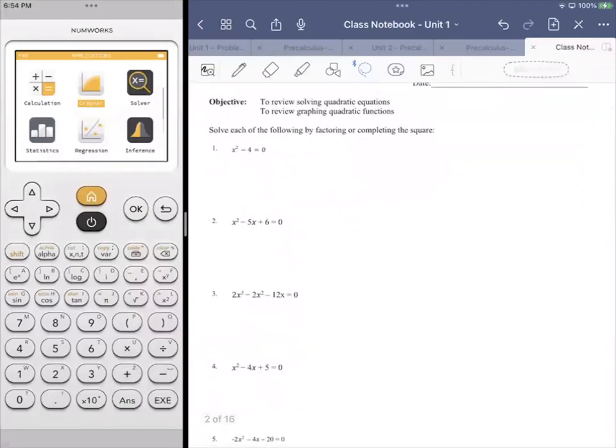So quadratics, when you're solving quadratics, you can go about it a few different ways. One way would be factoring. Another would be completing the square. And you could also use the quadratic formula, but you'll see in this course especially, and as you go forward into calculus, you tend to move towards the more analytic approaches to doing things.